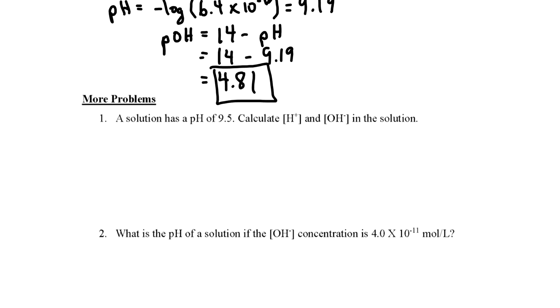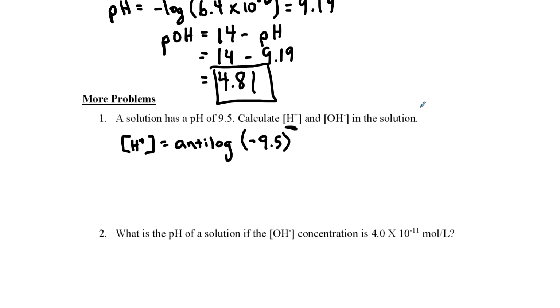Okay, let's see what other types of problems you can come across. So a solution has a pH of 9.5. Calculate both the hydrogen ion concentration and the hydroxide ion concentration in the solution. Okay, so first of all, if we have pH, then we can definitely calculate this one here. So let's do that first. We're going to take the H plus ion concentration, and that's where we do the anti-log. And we plug in not just the pH, the negative pH.